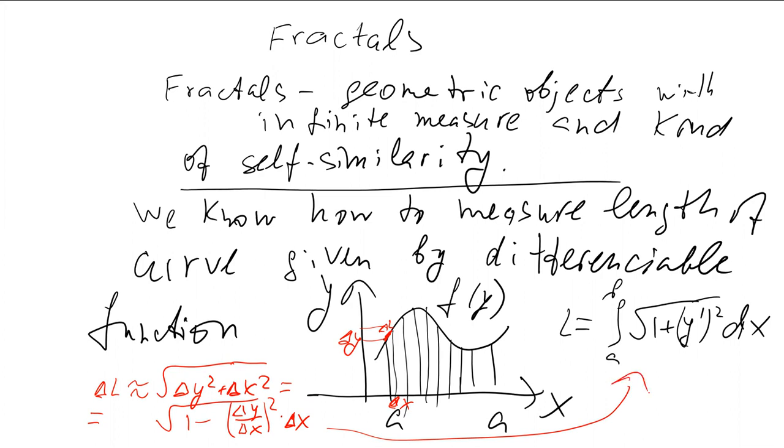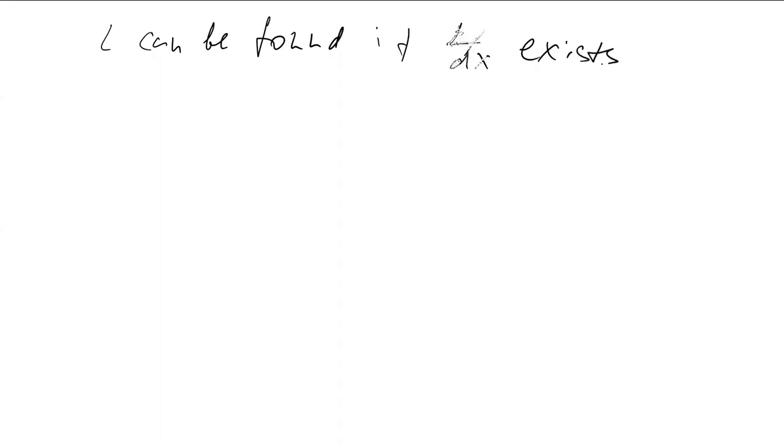And so L can be found, provided, so what is here important, L can be found if dy over dx exists almost everywhere.